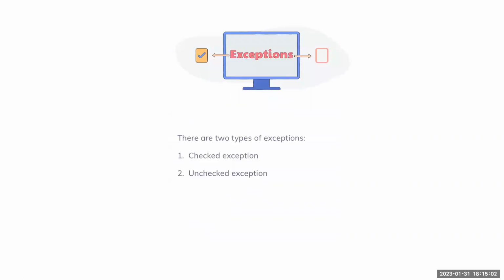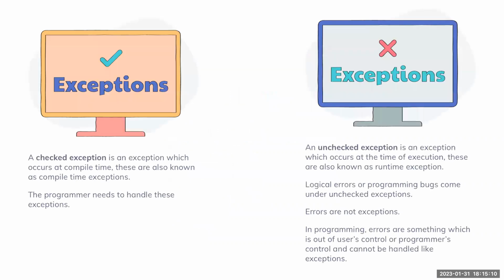So what kind of exceptions do we have? We have two: one is checked, and the other one is unchecked. A checked exception is an exception which occurs at compile time. These are also known as compile time exceptions. The programmer needs to handle these exceptions before running the program.